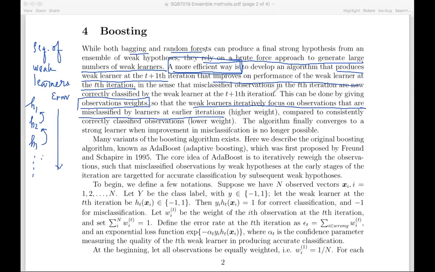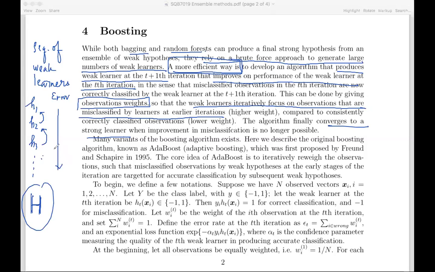That means they will try to adjust the learner based on the samples where they made mistakes, and those that they are doing well on are not so much of a concern. When you keep on doing this, your weak learners will gradually become very strong, until it converges to a strong learner when improvement in classification is no longer possible.